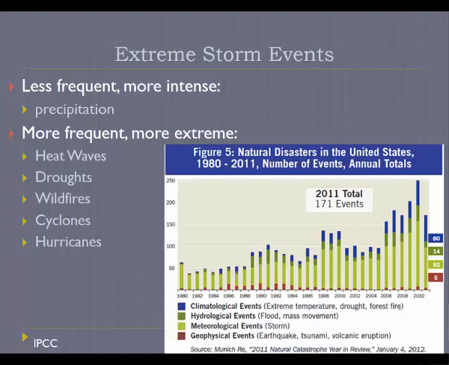Whereas the geophysical events, things like earthquakes and volcanoes that are shown in red, do not appear to be on the rise. So those don't have such a clear feedback with climate. So anyway, we've seen a lot of the news about these natural disasters over the past couple years, and unfortunately we do expect that this kind of thing is going to continue to plague us in the future.